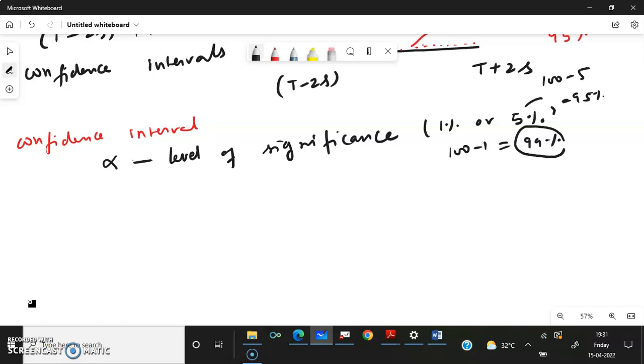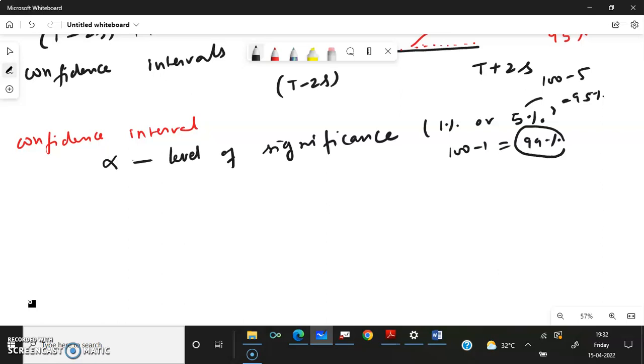If I say 95% confidence limit, then I am telling that 100 minus 5, that is 95, that is 5% level of significance. So this is all about the level of significance, used to determine two constants.